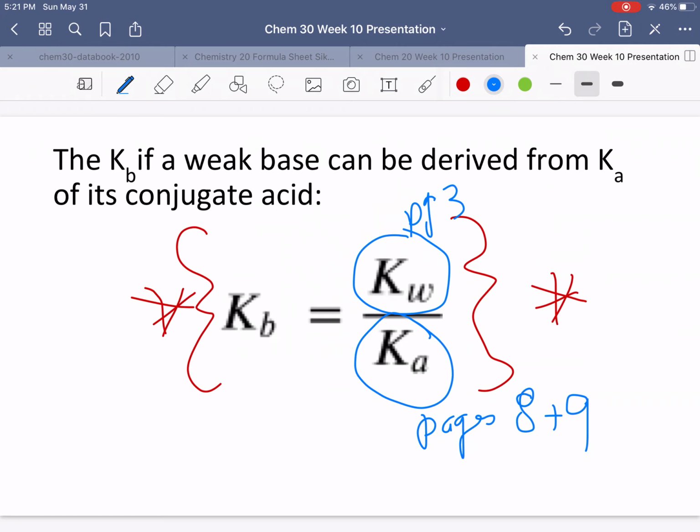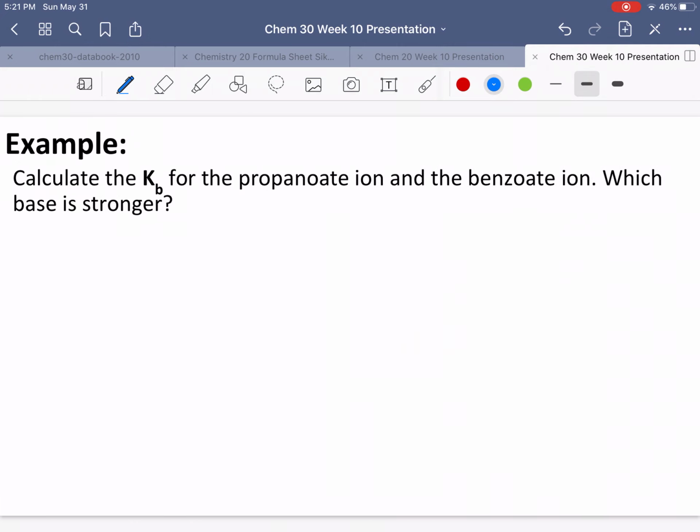Now, let's do a really simplistic question just to get you used to these. I want you to calculate the base ionization constant, so Kb, for both the propanoate ion and for the benzoate ion. Which base is stronger? Now, here's the deal, guys. You can approach this in two different ways.